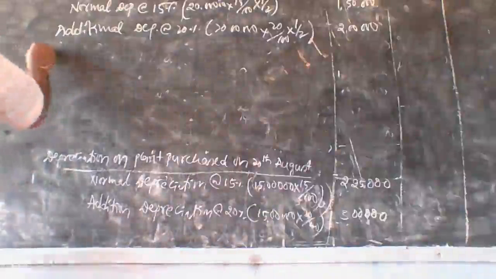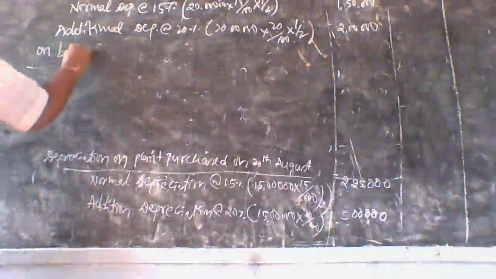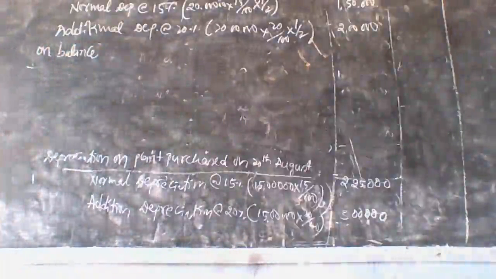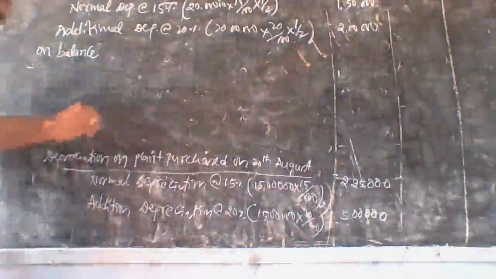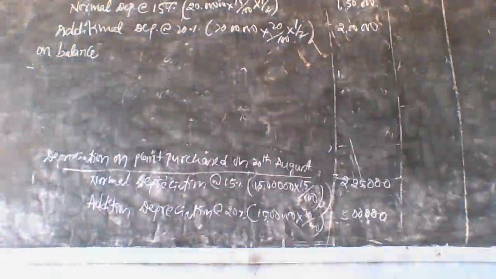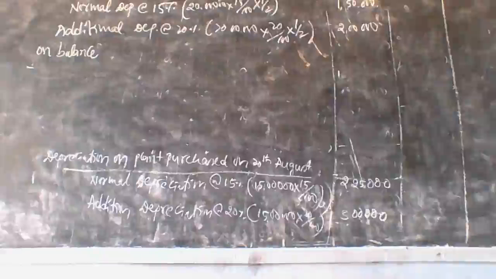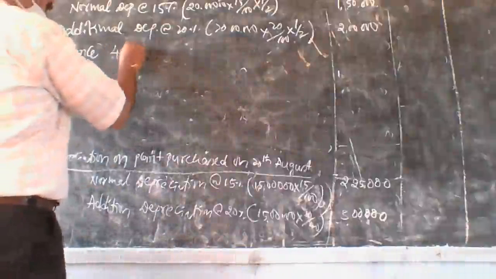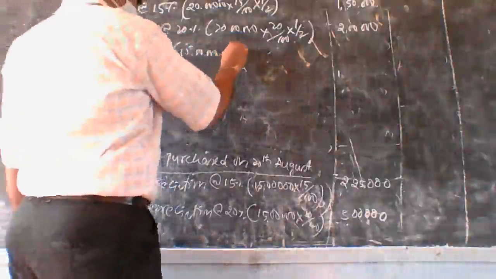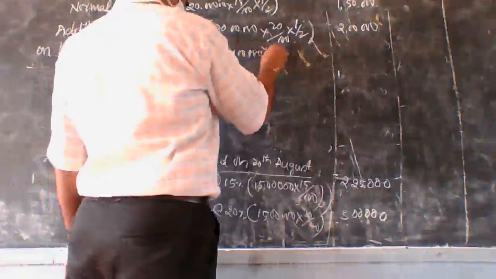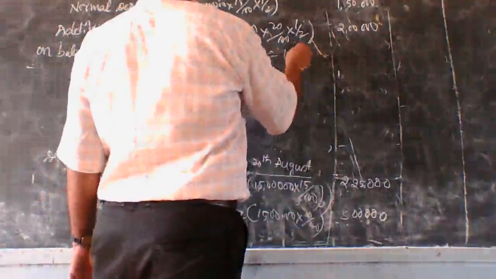Next, on balance. Earlier it was 10 lakh, so on the balance: 45 lakh minus 15 lakh plus 20 lakh is equal to how much? 10 lakh.